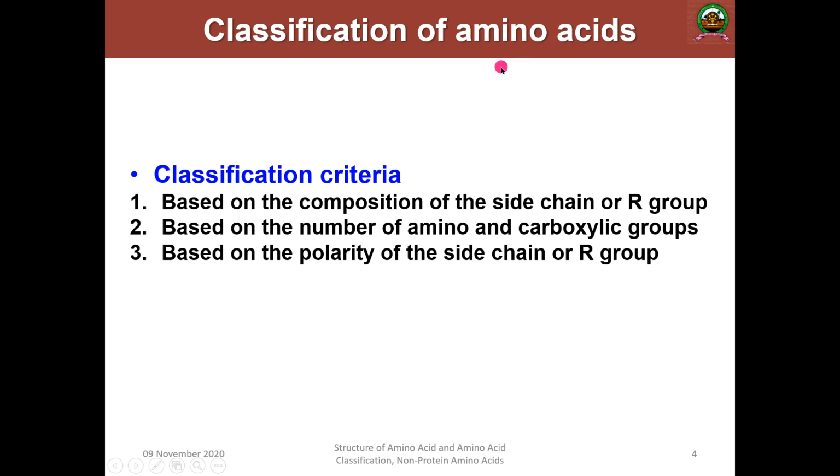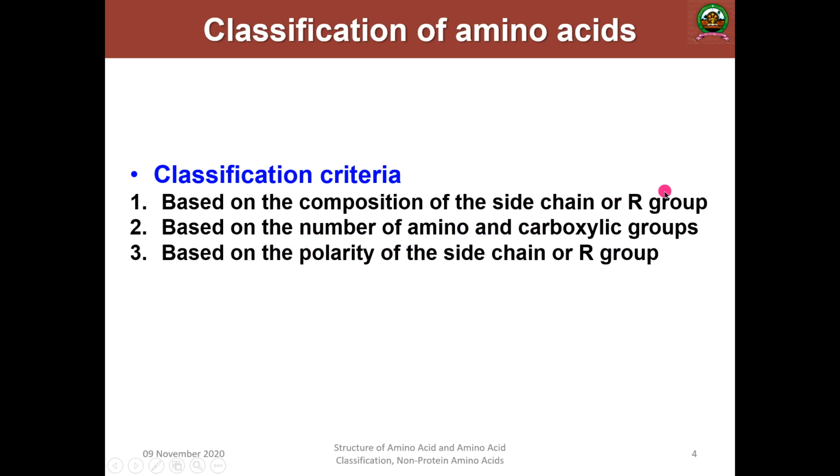There are many classification systems commonly proposed for amino acids. The main classification criteria are: classification based on the composition of the side chain or R group, classification based on the number of amino and carboxylic acid groups, and classification based on the polarity of the side chain or R group.